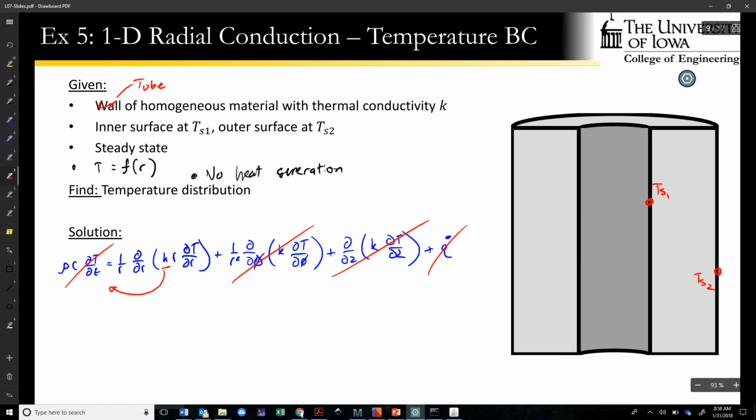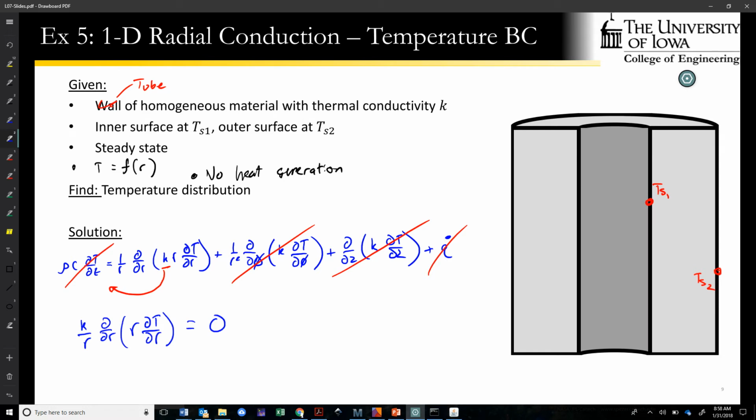So our final version of the equation works out to k over r d/dr of r dT/dr is equal to 0.